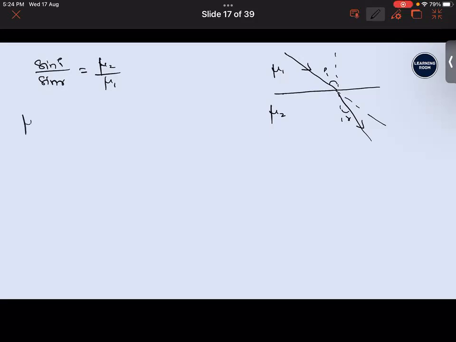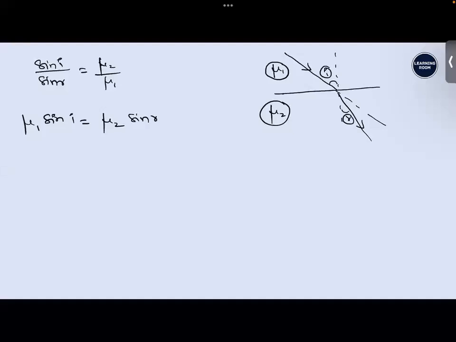The best way to write it is: refractive index of a given medium mu1 into sine of the angle in that medium, sin I, is equal to refractive index of the second medium, mu2, into sine of the angle in that medium, that is sin R.